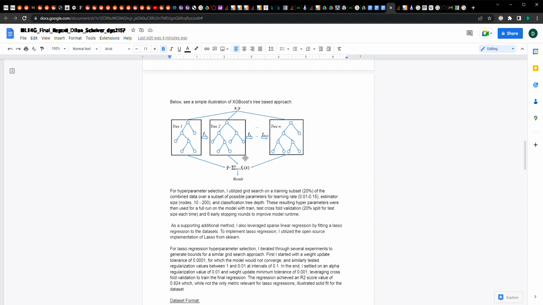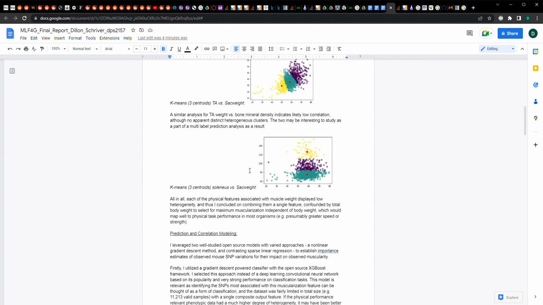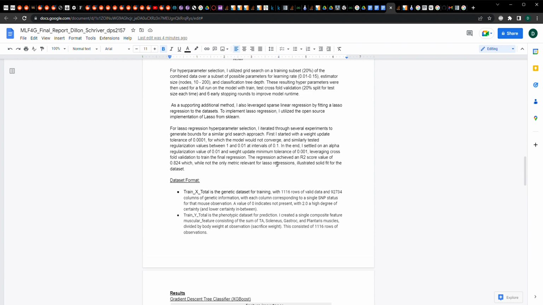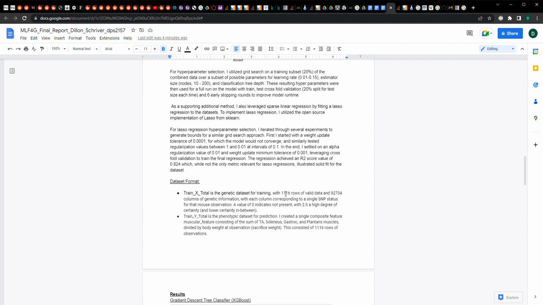This is to cover both a nonlinear and a linear approach to regressing over all the single nucleotide polymorphisms, so the variations in the genes, with these mice observations with respect to their athletic performance as implied by their total musculature. The shape of that data set was essentially about 1,000 mice observations with 92,000 SNPs, and about 1,000 body weight observations between the two.